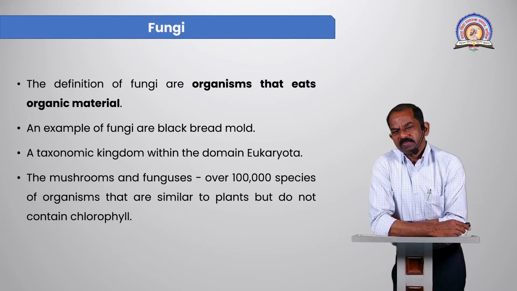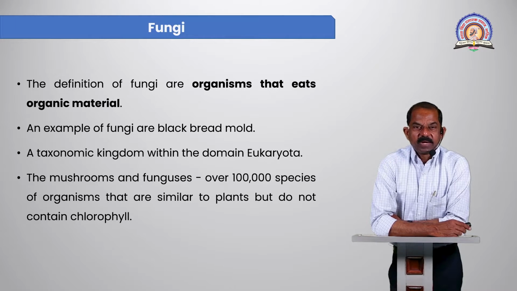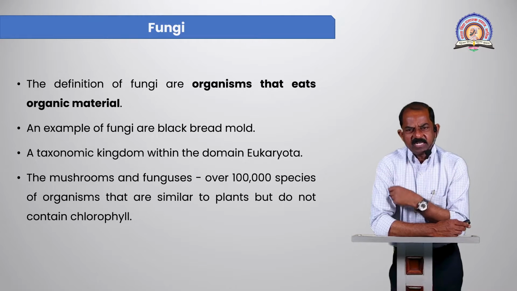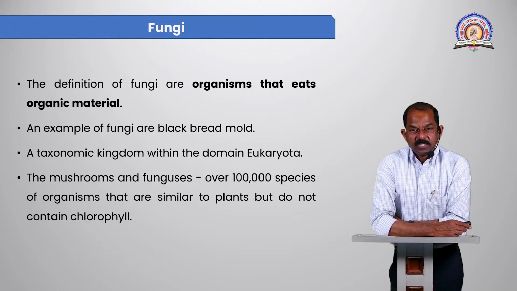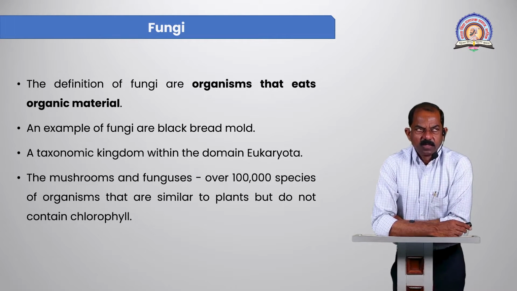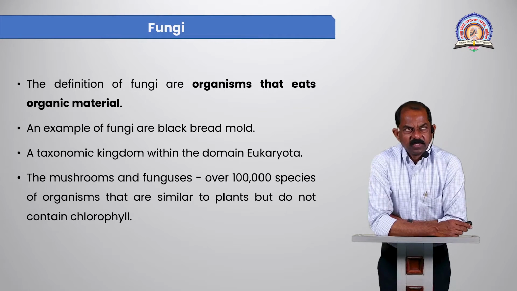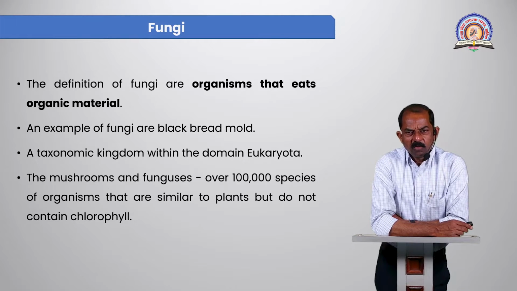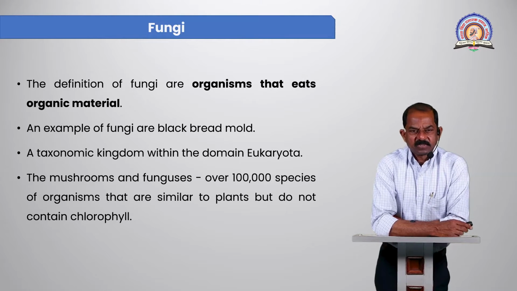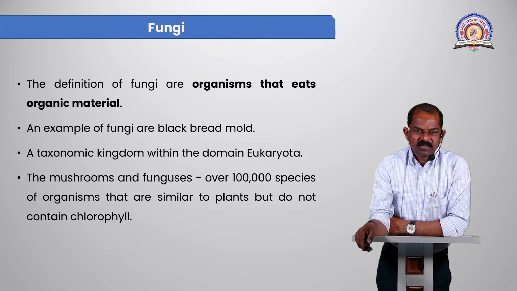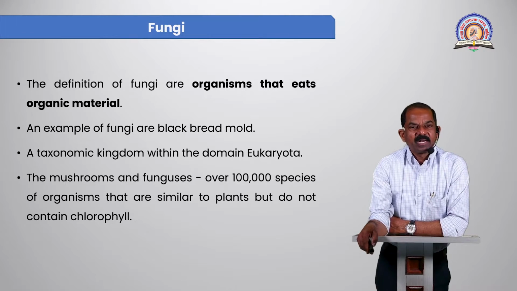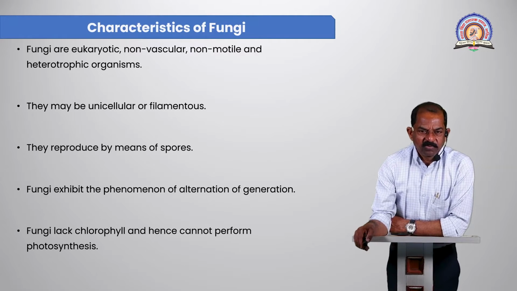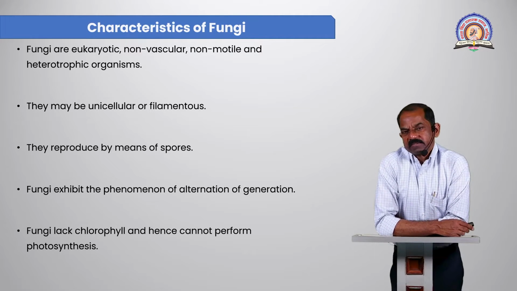A simple example of fungi is the black bread mold. It is a taxonomic kingdom within the domain Eukaryota. The different mushrooms and different fungi number over 1 lakh species of organisms that are similar to plants but do not contain chlorophyll, and because of this fungi are heterotrophic in their mode of nutrition.